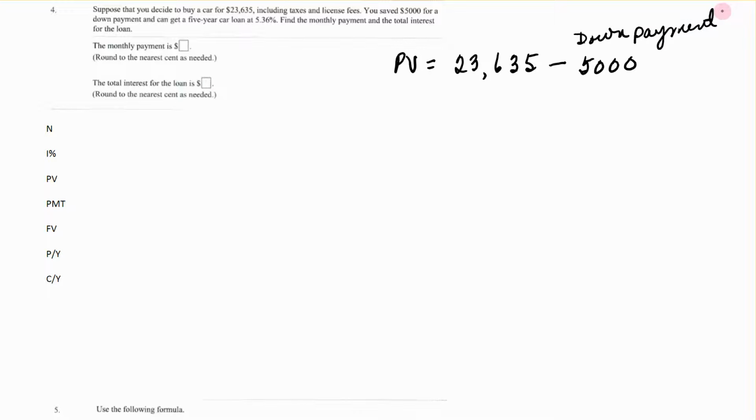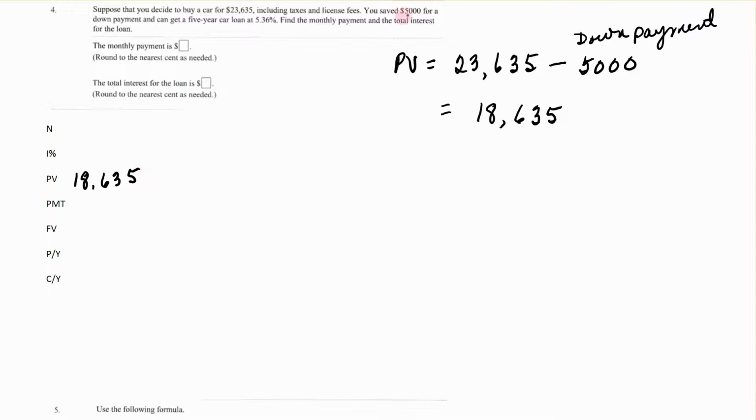That means you come up with part of the cost and then you finance the rest of it. So if you do that subtraction, what you're going to borrow is $18,635. Sometimes the down payment takes the form of a car that you trade in that has a certain designated value. So the present value for my loan is $18,635.